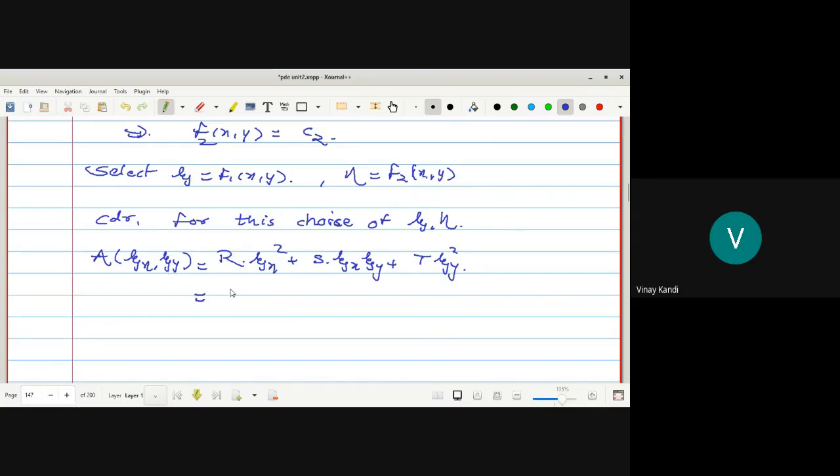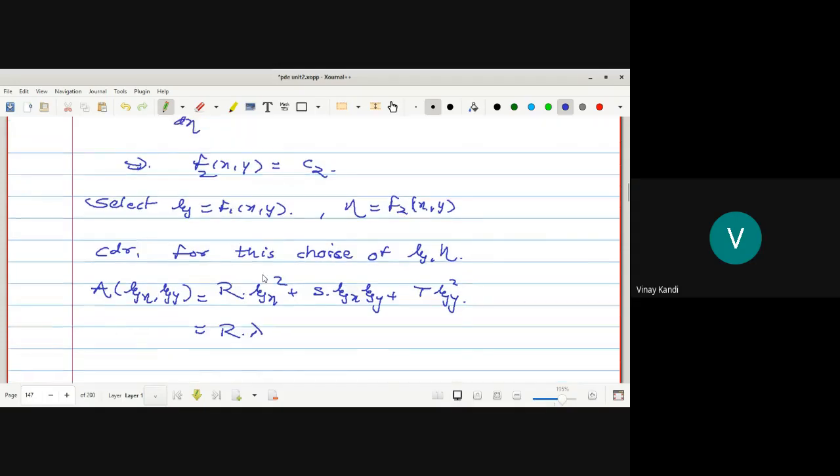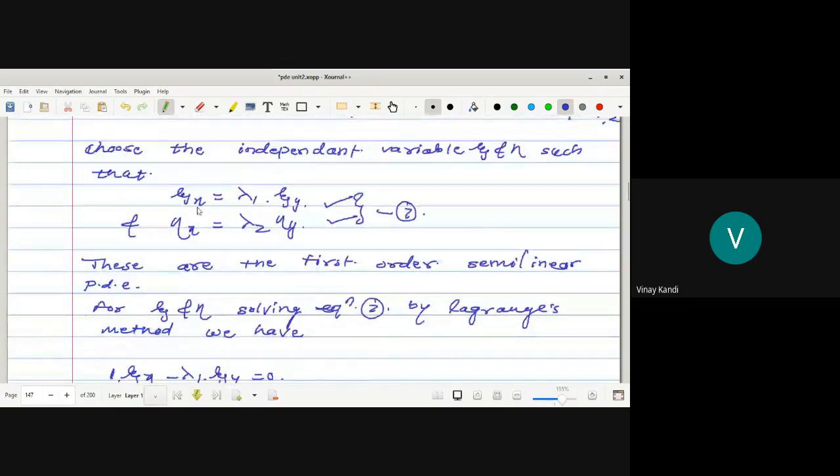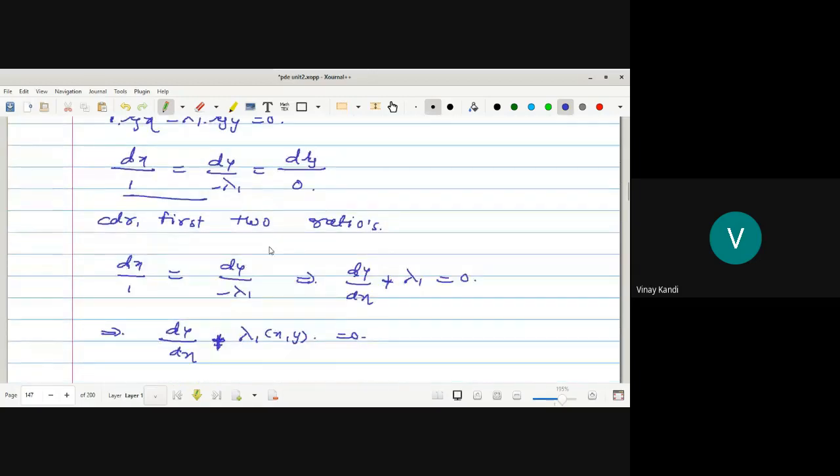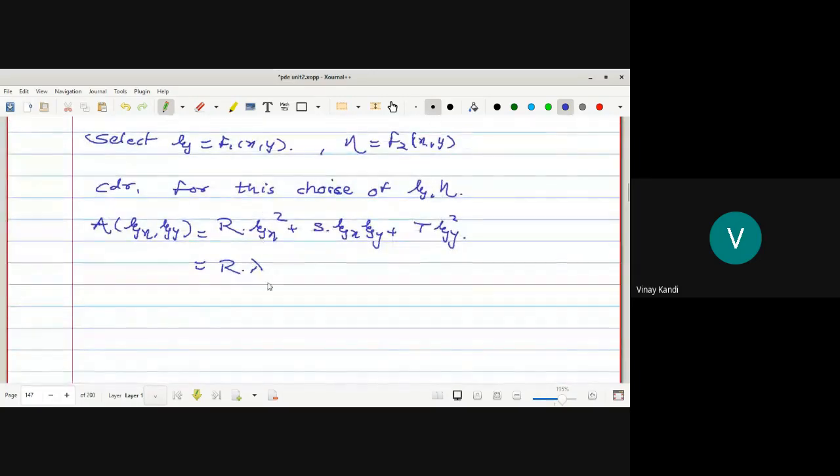Now putting the value, r into xi x. What is the value of xi x? Lambda 1 into xi y, from equation number 7. Put that value here: r lambda 1 square into xi y square, plus s into lambda 1 into xi y into xi y, plus t into xi y square.